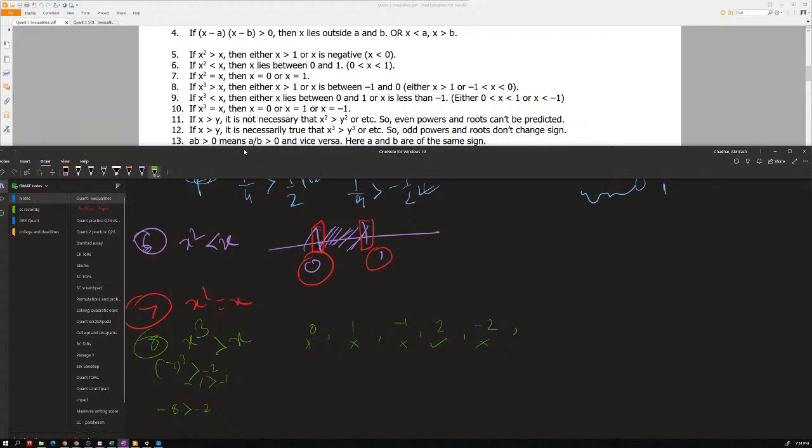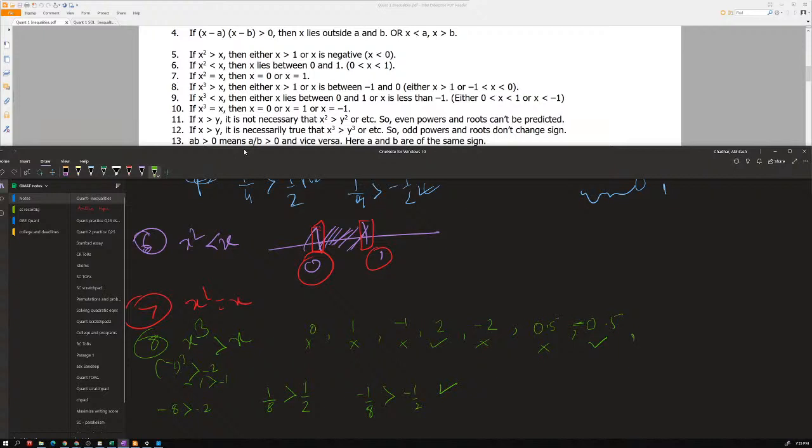Now let's try decimals, 0.5. 0.5 cube becomes 1 by 8. Is 1 by 8 greater than 1 by 2? No, so it doesn't satisfy. Now minus 0.5. Minus 0.5 cube is minus 1 by 8, and minus 1 by 8 is greater than minus 1 by 2. Yes, this is correct, so this is satisfying.